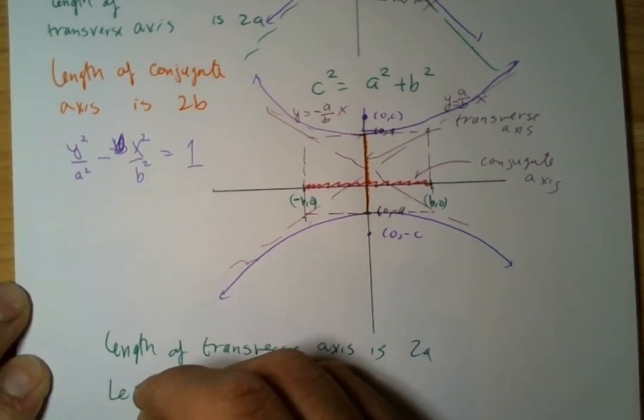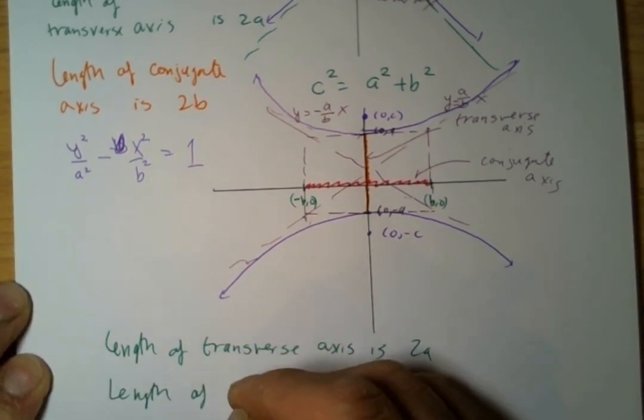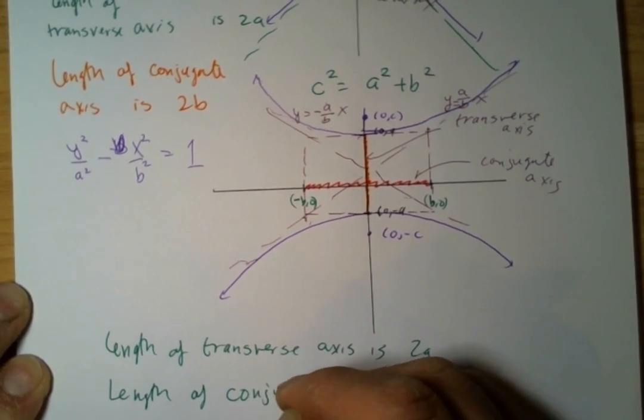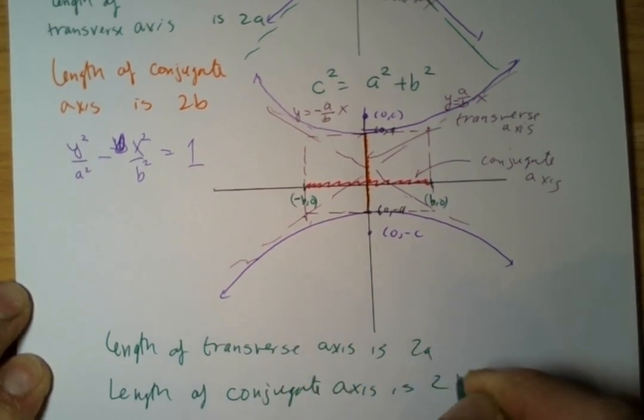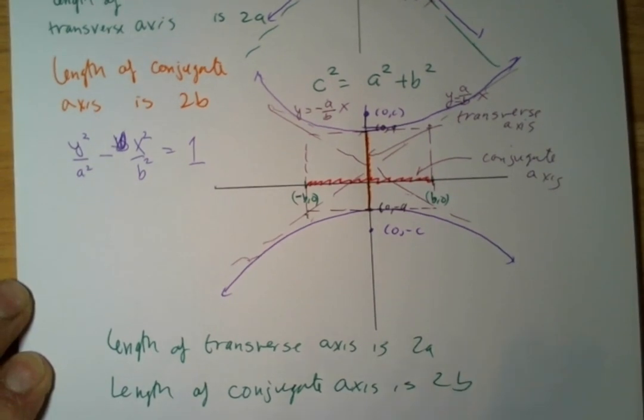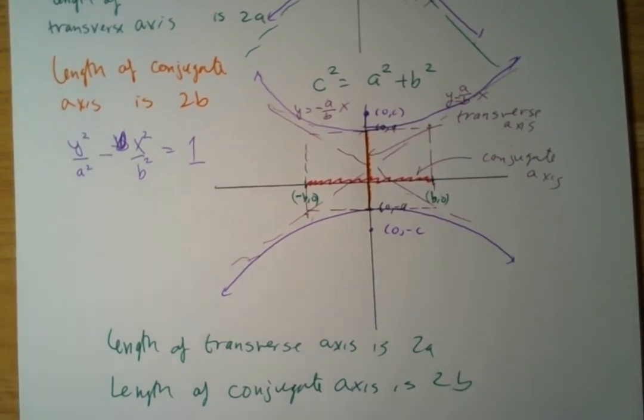The length of the conjugate axis is 2b, and the way that we relate the values of a, b, and c is the same. That doesn't change. And that is for when we have the transverse axis along the vertical, in this case the y-axis.